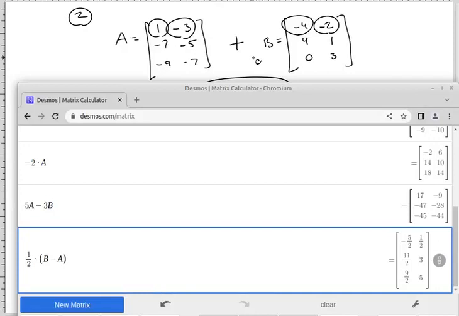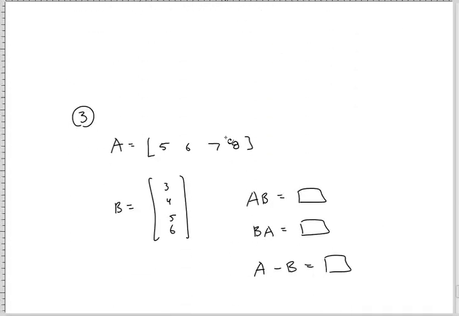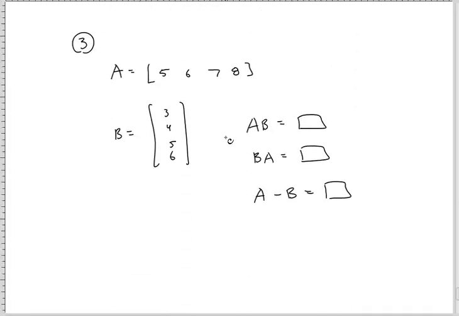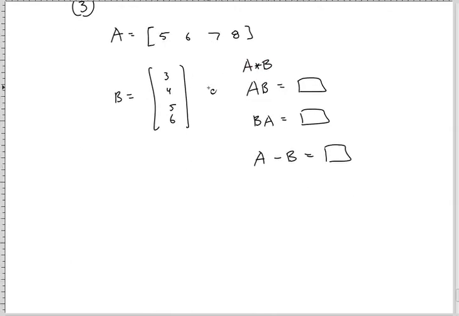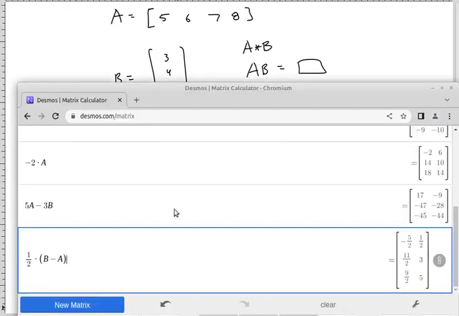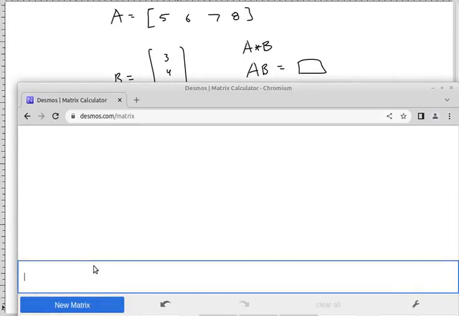Let's keep moving. This next one says we have these two matrices and they want to multiply them, A times B. We'll use the Desmos matrix calculator for this as well. So I'm going to start over. New matrix.